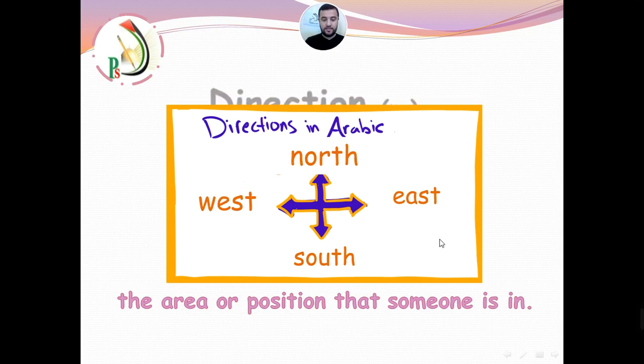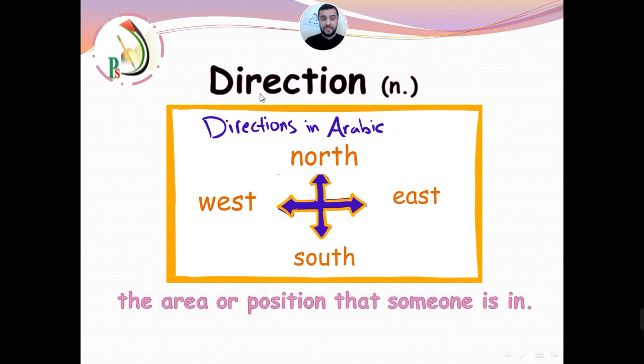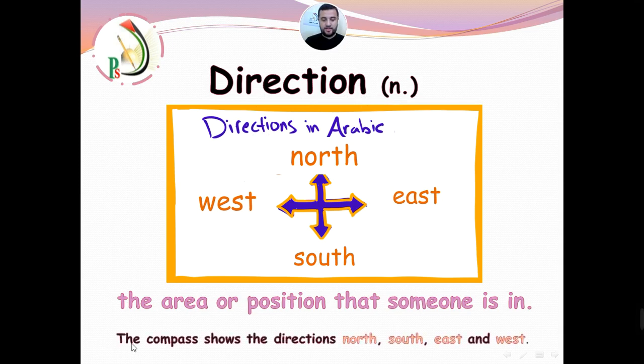Let's see this example. The word is direction. It's a noun. We have 4 directions: the north, the east, the south, and the west. The compass shows us the directions north, south, east, and west.